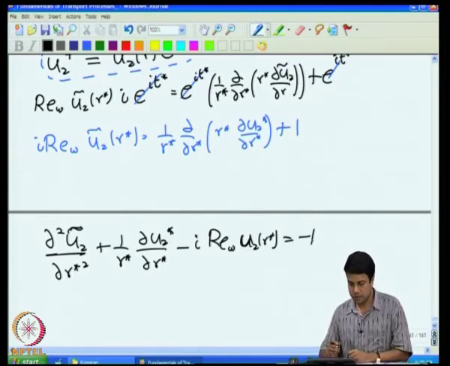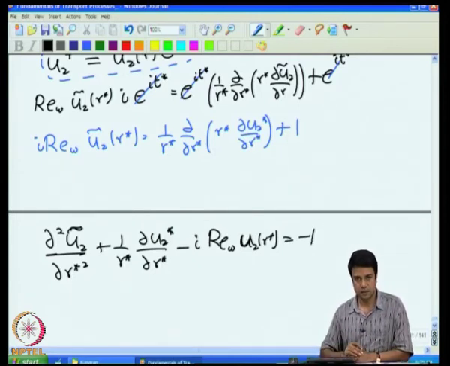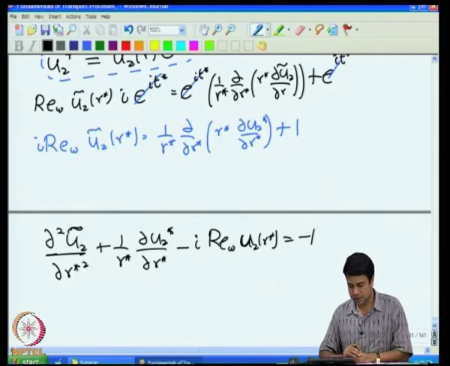So, I have taken minus this plus 1 to the left hand side, and I have taken the r e dependence on the right hand side. So, this is the differential equation that I have to solve in order to get what is u z.